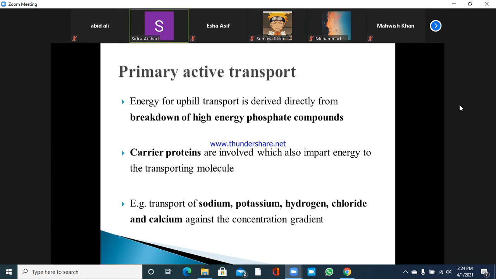And these carrier proteins also have ATPase activity, the ability to break down ATP into ADP, so that energy is released and the movement of ions or particles can take place against the gradient, whatever gradient it is.